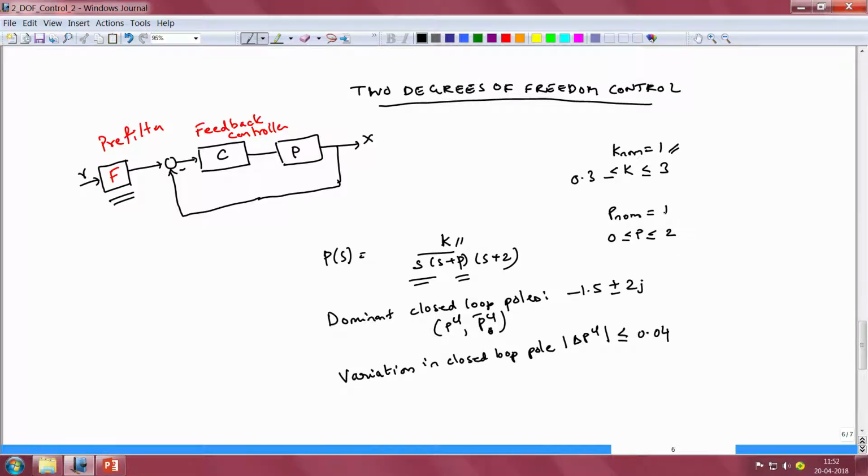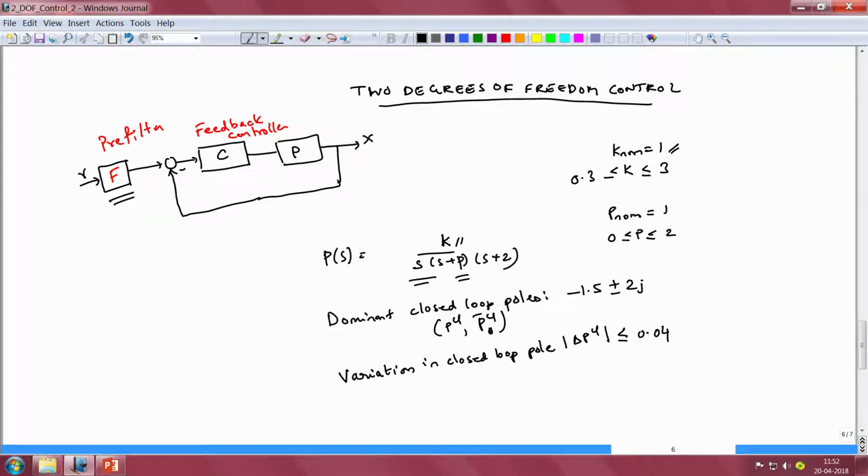So the nominal location of the pole P is equal to 1, in other words it is situated at S is equal to minus 1, but the pole could be located anywhere between S is equal to 0 and S is equal to minus 2. In other words, the variable P in this equation can assume values anywhere between 0 and 2.